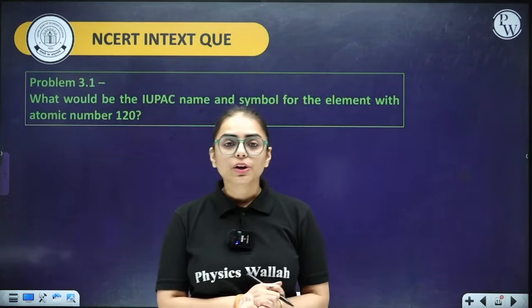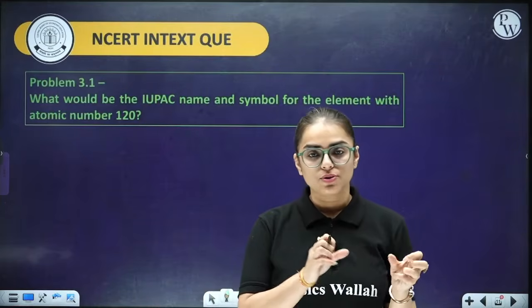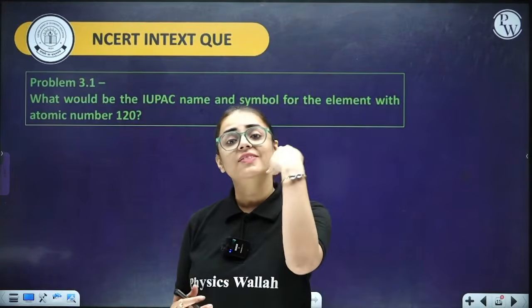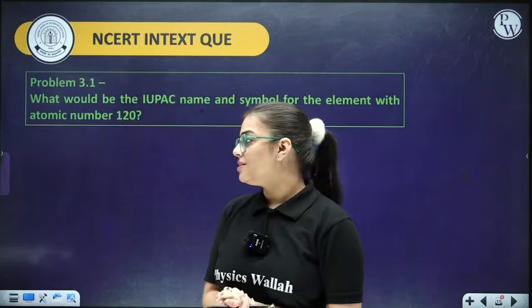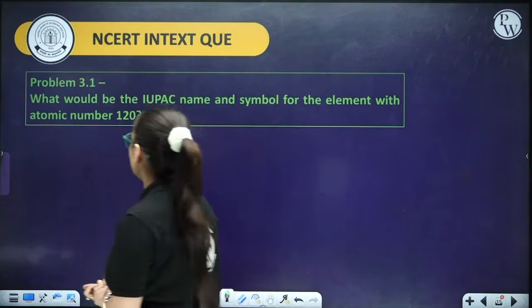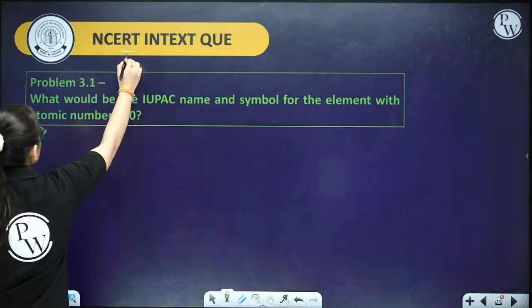Starting with homework questions, we will be doing NCERT in-text questions, then the homework questions, and then the previous year questions. Let us start with the very first question, problem number 3.1, an NCERT in-text question.